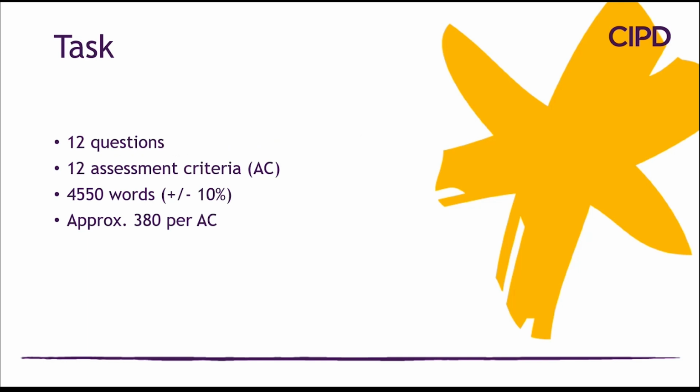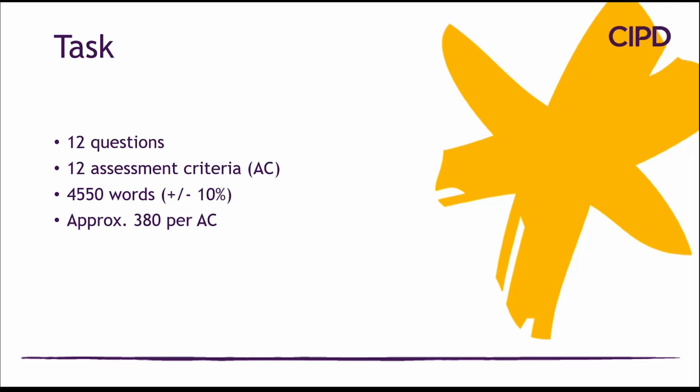This assessment contains 12 questions that assess 12 assessment criteria, also referred to as ACs. The overall word count for the assessment for this unit is 4,550 words, plus or minus 10%. Therefore, the maximum word count for this assessment is 5,005 words.